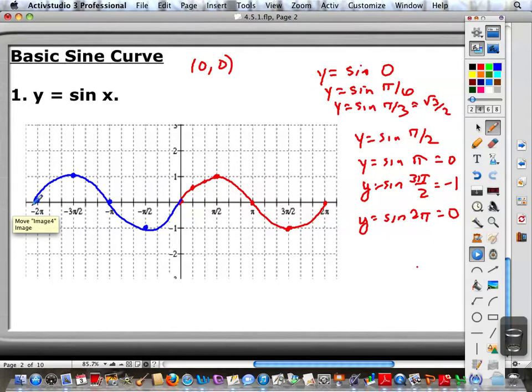If I go from 0 to -2 pi, I've got the same graph in this range that I have over here from 0 to 2 pi. It's like we've taken the whole graph and just shifted it over. We're going to look at what that means as we get a little further into this. But here in the blue and the red, we've got our basic sine curve, the red being the positive rotation and the blue showing the negative rotation.